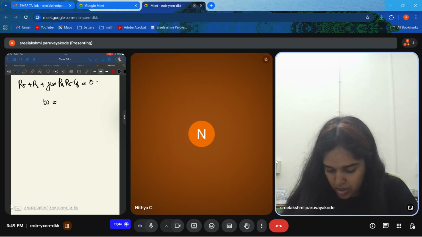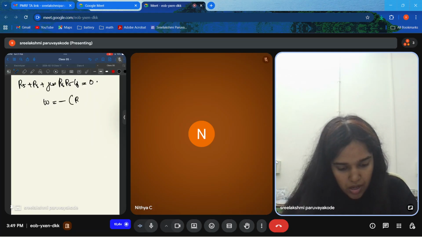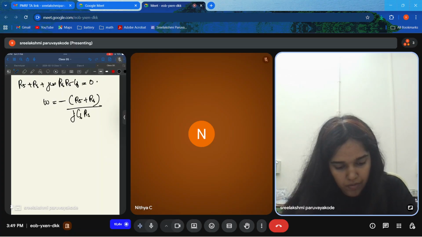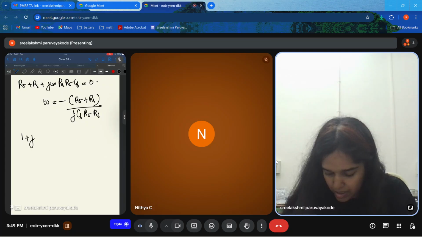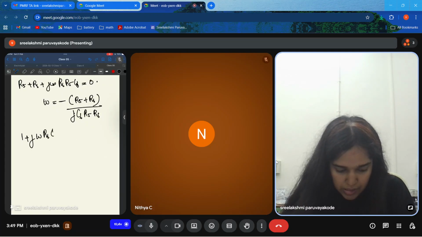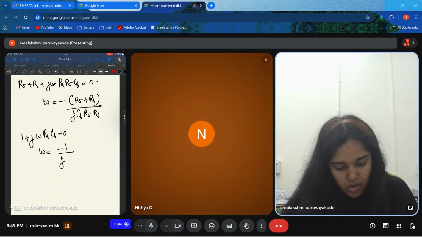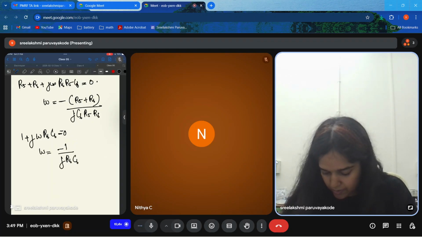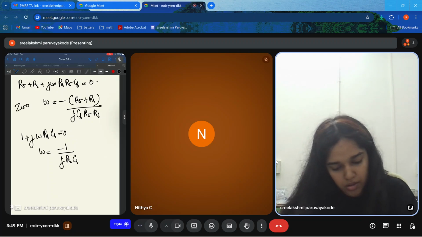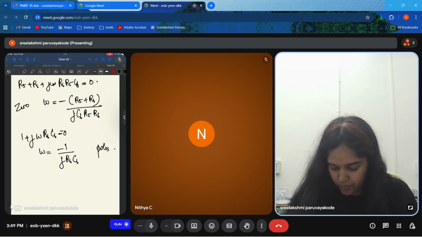Now omega is nothing but minus (R5 plus R6) by (j C6 R5 R6). Similarly, 1 plus j omega R6 C6 equal to 0 gives omega equal to minus 1 by (j R6 C6). So this is the zero, this is the pole.